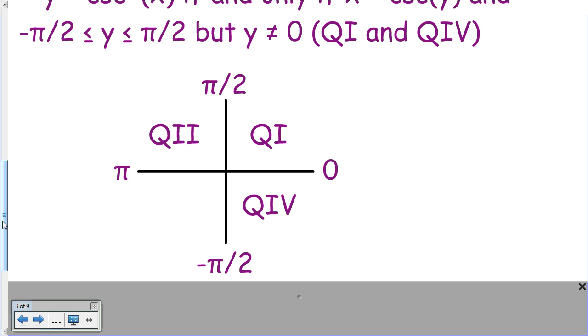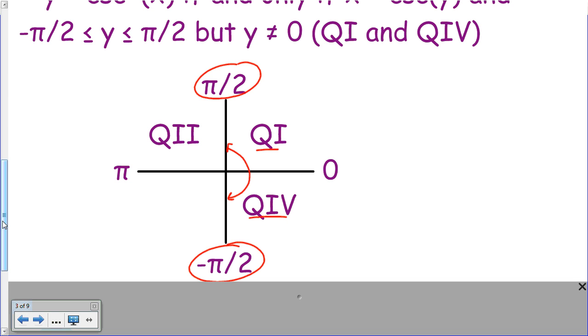So if you're looking at a range from negative pi over 2 to positive pi over 2, here's negative pi over 2, here's positive pi over 2. So you're talking about angles that would fall in this range right here. And you can see that that would be quadrant 1 and quadrant 4, just like we've set up above.